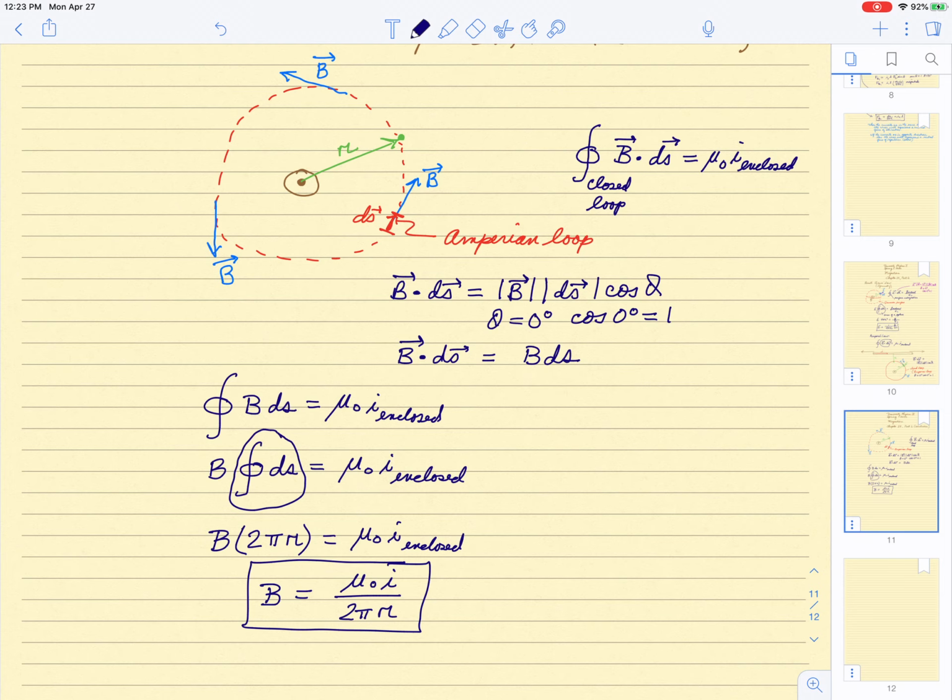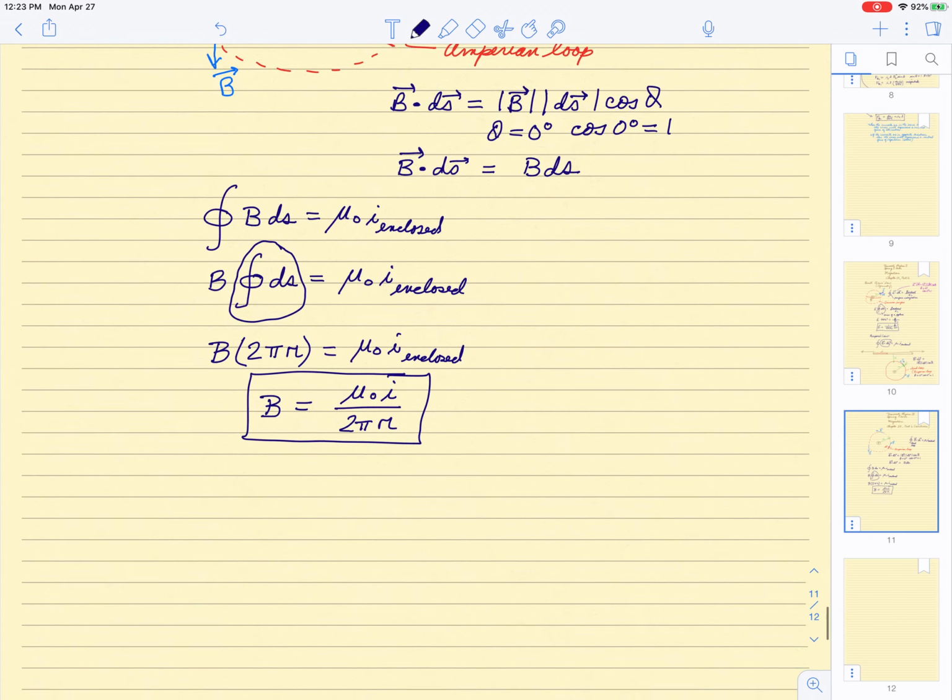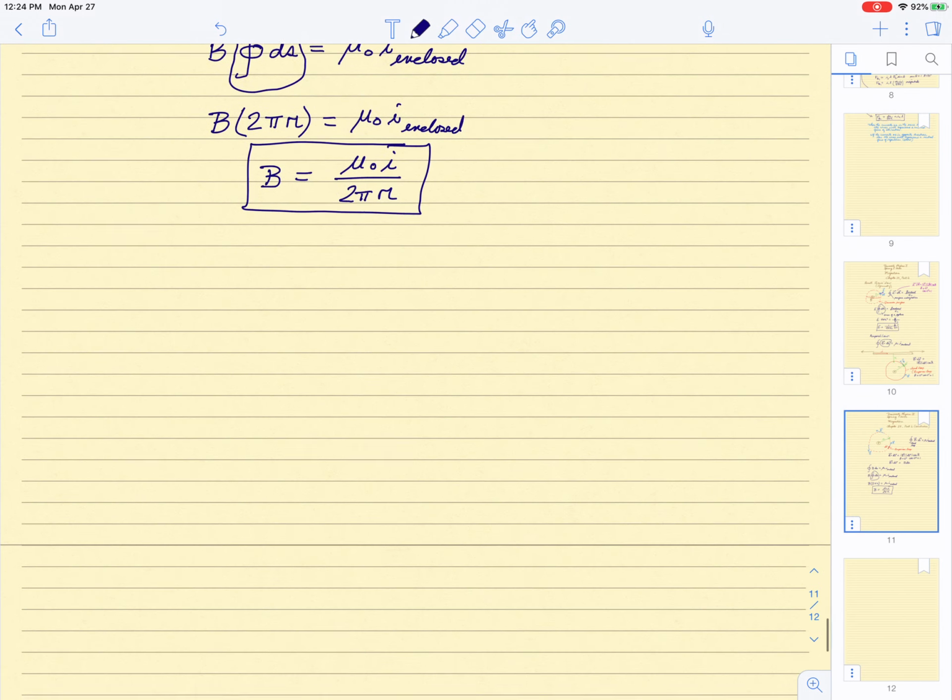Now if we look at what is called a solenoid, I'm not going to do the derivation for you, I'm just going to explain this. A solenoid is like a slinky, a slinky configuration with a current going through it.